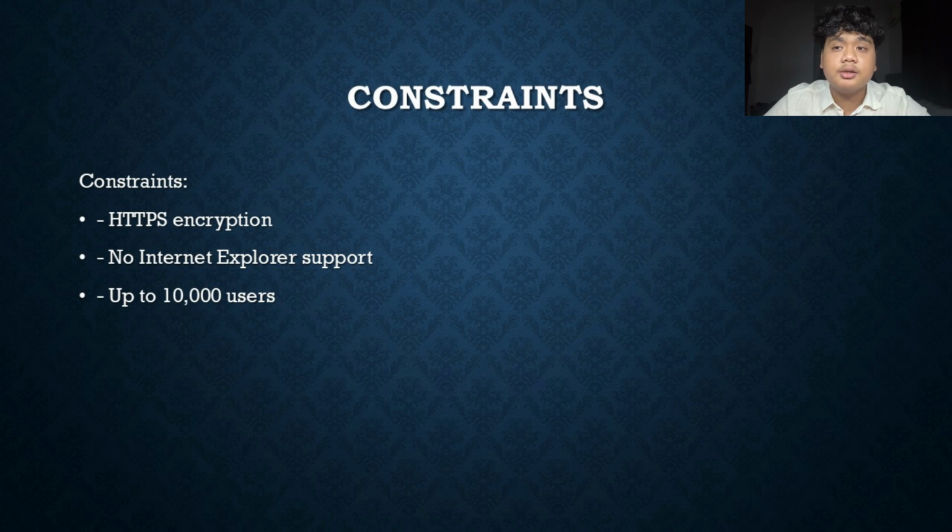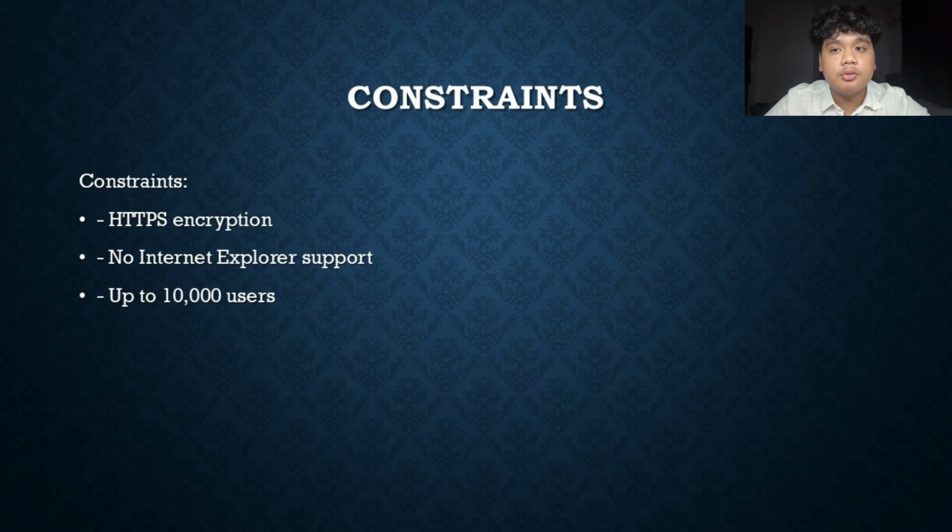The general constraints. To ensure reliability and compatibility, the system has a few constraints. First is the security. All data transmission is encrypted using HTTPS to protect the user information. Next is the compatibility. The system supports only modern web browsers with no support for outdated browsers like Internet Explorer.